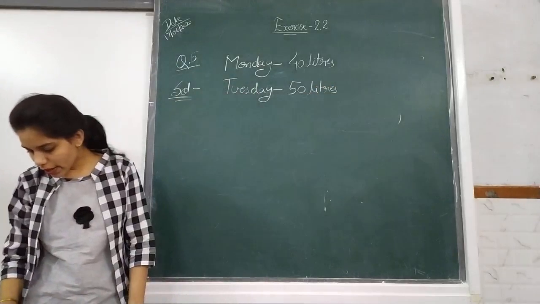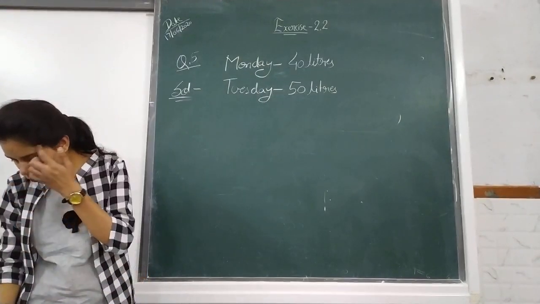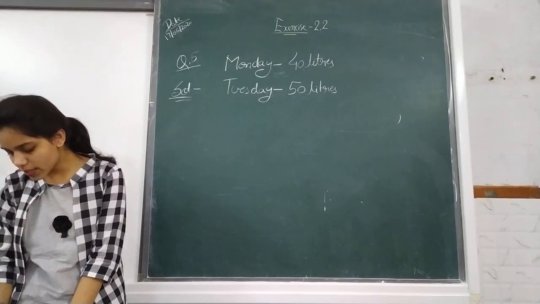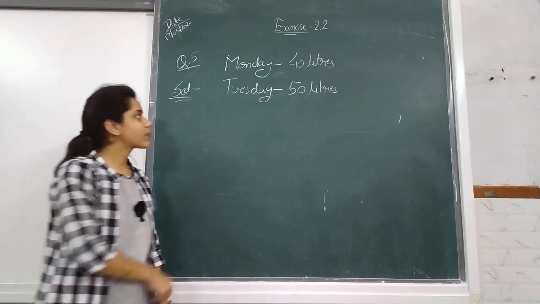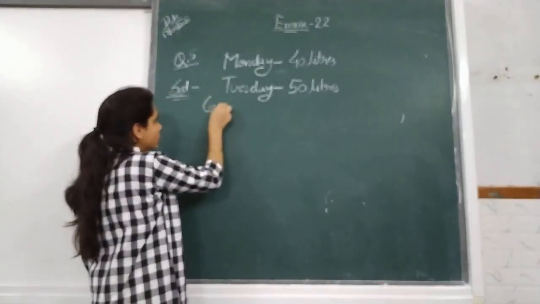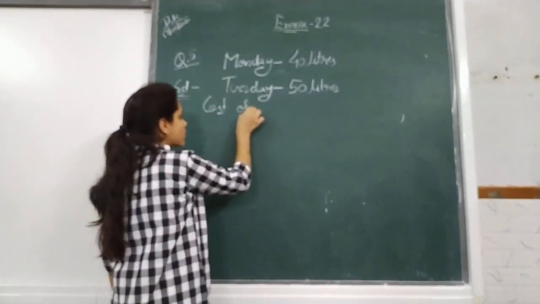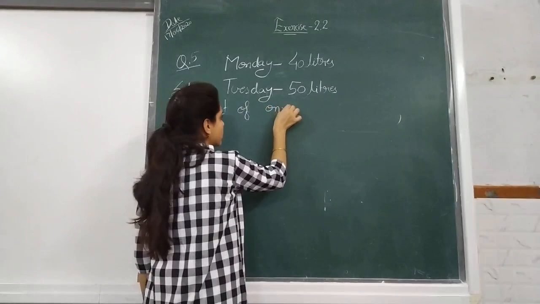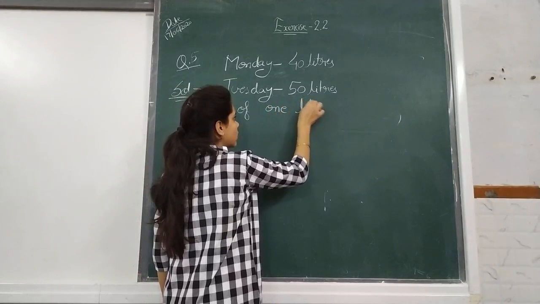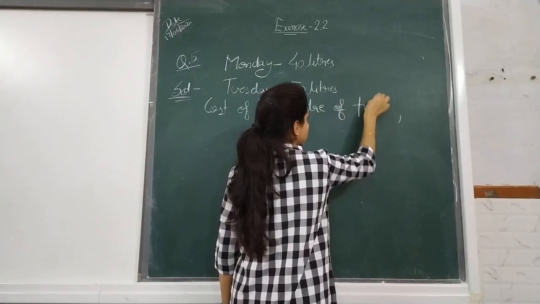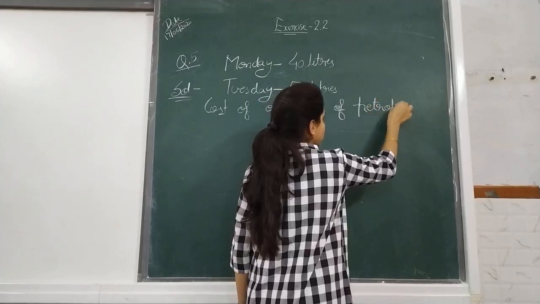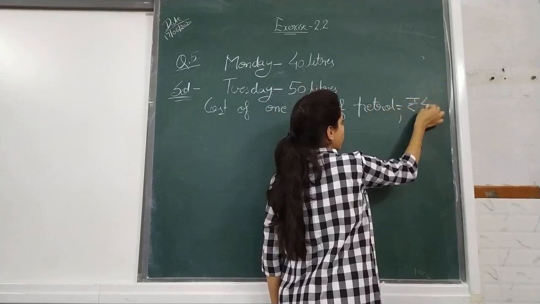Okay. So if the petrol costs 44 rupees per liter, how much did he spend in all on petrol? Okay. So cost of 1 liter of petrol is rupees 44. Okay.